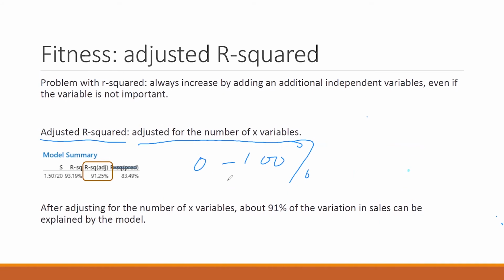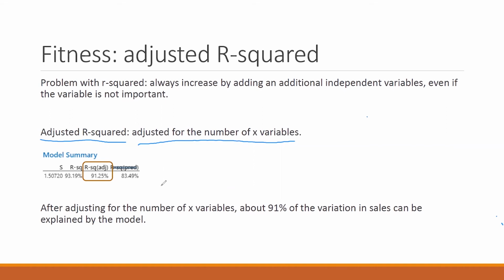The more x variables you have, the higher the penalty, because you need to take into account that when you add more x variables, you don't always add important variables. Sometimes you are adding something that is not useful at all, so you are actually making the model less accurate. Okay, so that's the big change from the simple linear regression model to the multiple linear regression model.